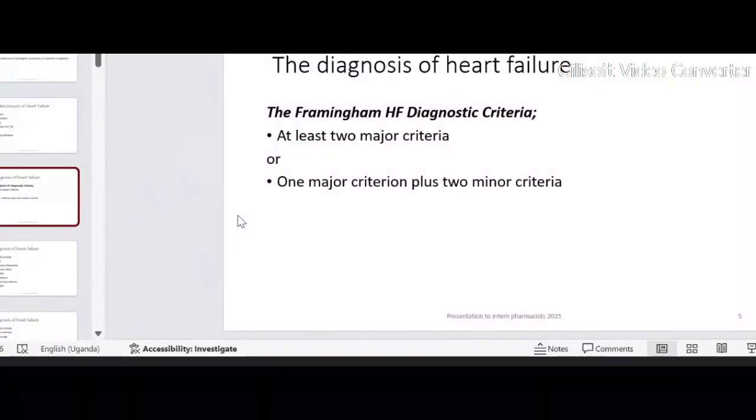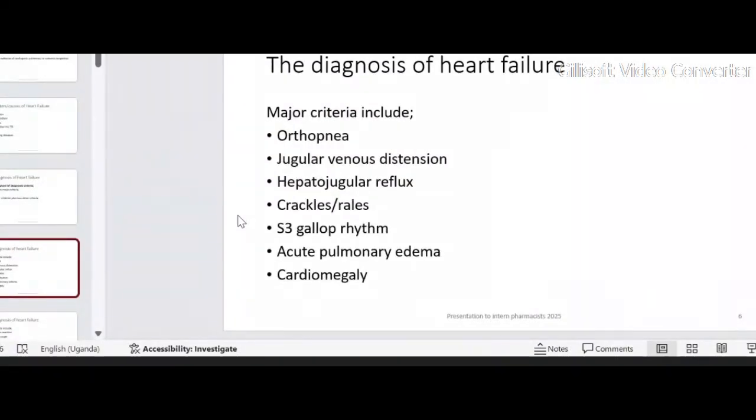Okay, so what are the major criteria? Orthopnea. Orthopnea simply means the patient can't lie flat. This guy tries to lie flat and it's difficult. He gets difficulty breathing when he goes flat. When he changes position, basically, he goes flat and finds it very hard to breathe.